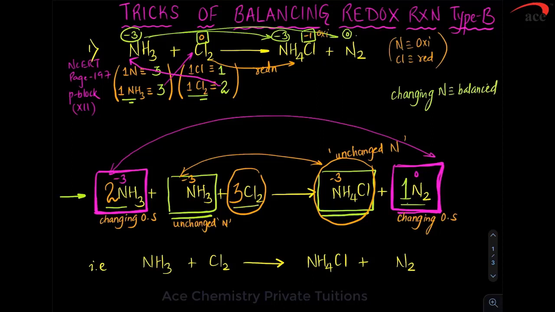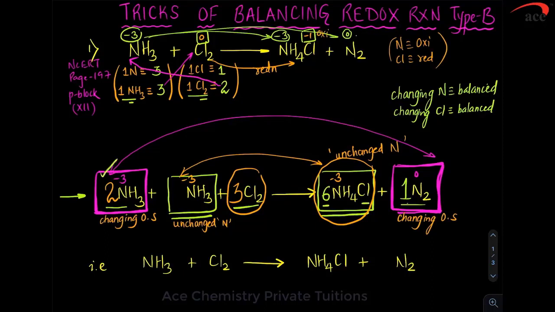Okay, coming to the next one. Chlorine. How many chlorine are there here? 6. So how many chlorine should be present here? It should be 6 only. So even changing chlorine is balanced. Changing chlorine means chlorine whose oxidation number has changed. We are giving it a name. So 6 chlorine. This is balanced.